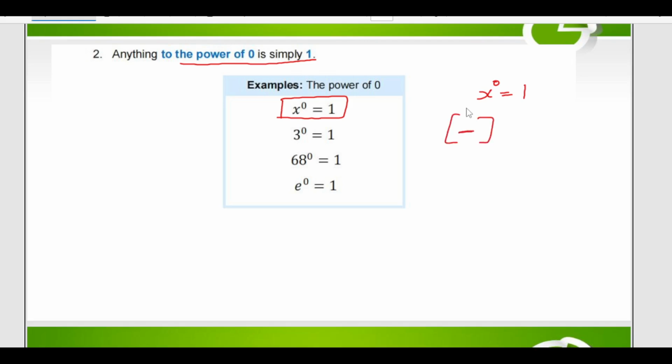You can have any number, any big number, negative number, fraction, whatever, when you have power 0, then that is equal to 1. For example, 3 raised to power 0 is 1, 68 power 0 is 1, e power 0 is 1. Whatever number you take, when you raise it to 0, it is 1. So that is very clear, anything raised to power 0 is 1, right.